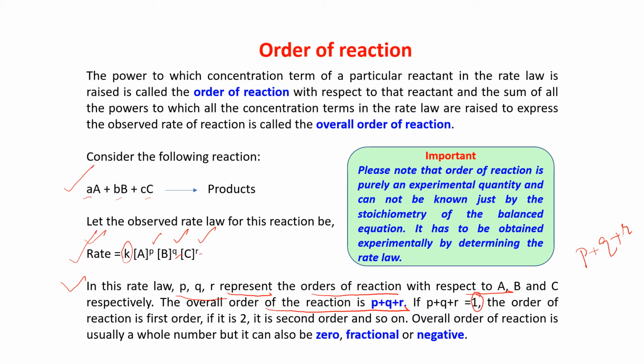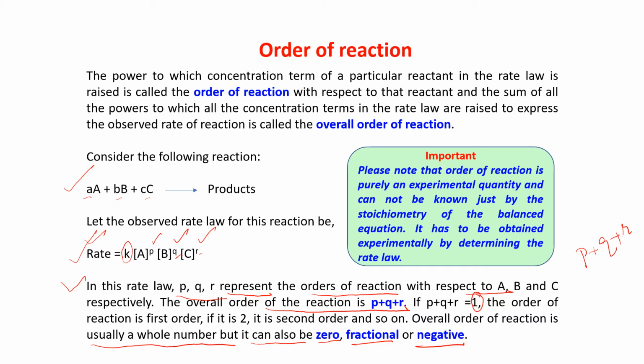Overall order of reaction is usually a whole number, but it can also be 0, fractional or even negative. Practically this can happen.